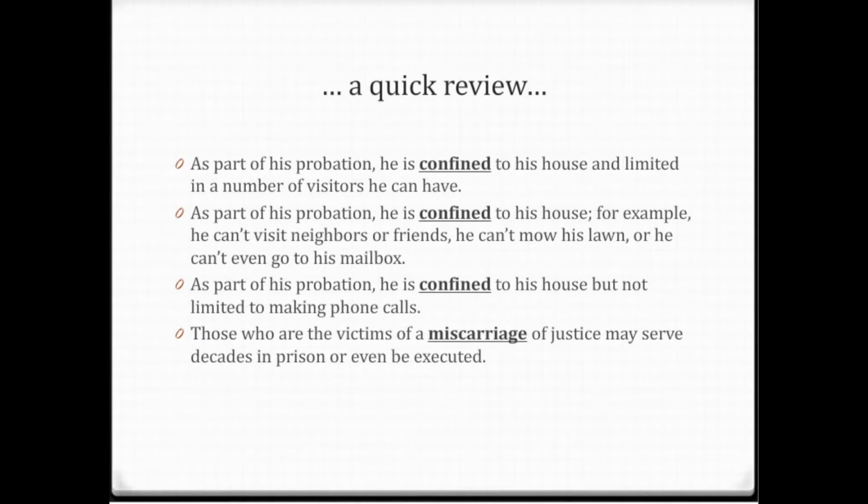Mis is a prefix. It's a negative prefix. Words like miscomprehend, mistake, misunderstand. Then we have carry, so something not carried. And age, this is the suffix that makes a noun.